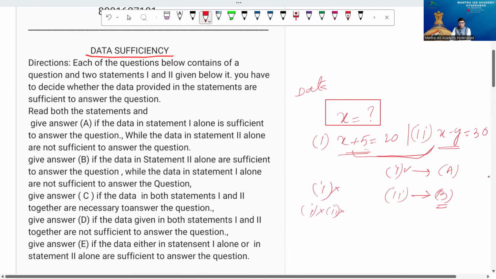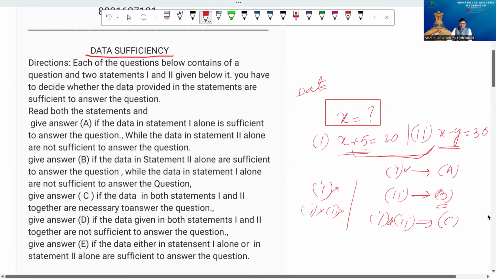But you shouldn't say C immediately by looking at the question. Here x plus y is equal to 20 and x minus y is equal to 30. By using statements 1 and 2 combined, with addition, subtraction, multiplication or any arithmetic operations, if you get the answer, then you have to mark the answer as C.